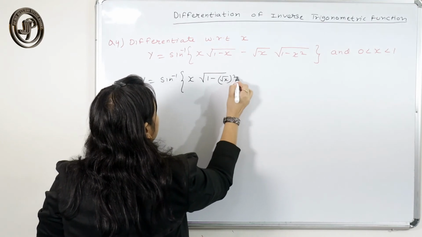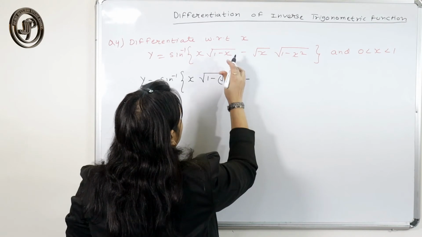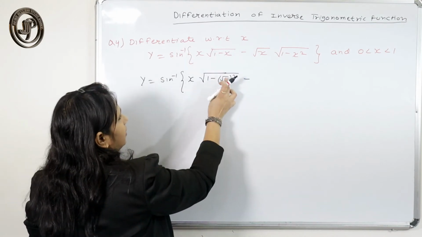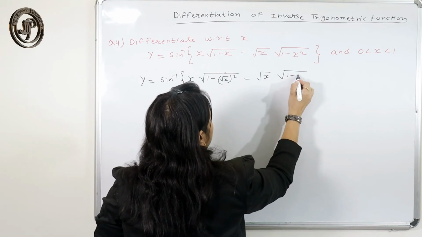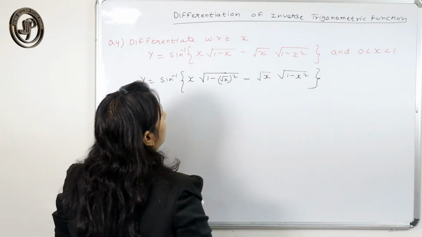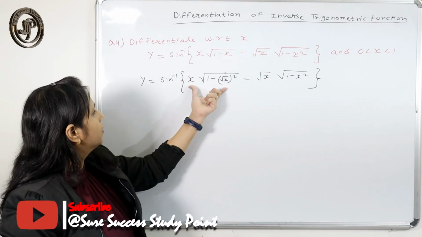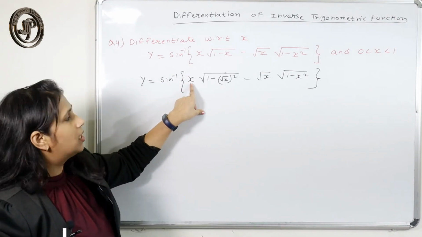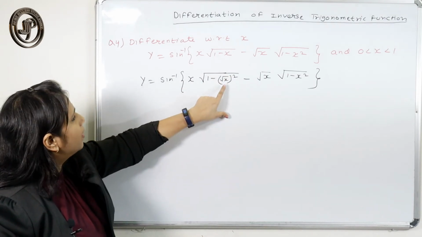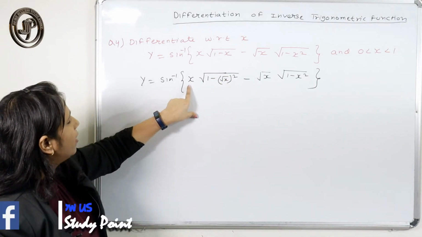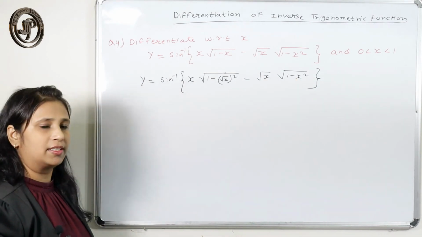You can write this x as root x whole square. Why am I doing this? Because in this part there is x, and if I write it under root of x square, then there is root x and x also there. Here also x and root x part is there.